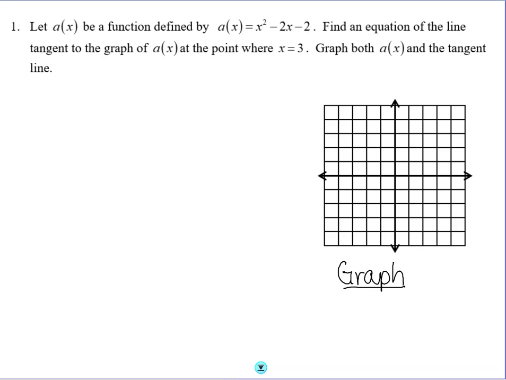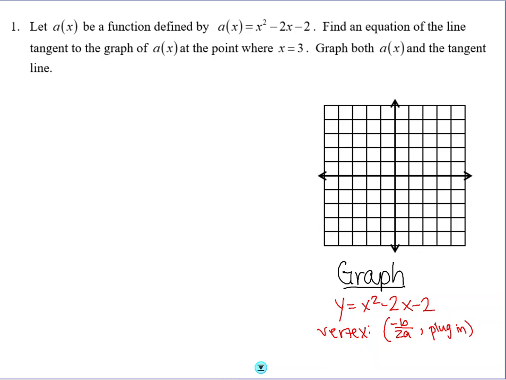Since a of x is in standard form, I need to find the vertex. You find the vertex by doing negative b over 2a to find the x value, and then you plug that x value into the function to find the y value.